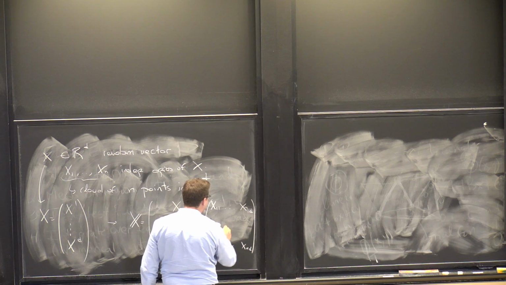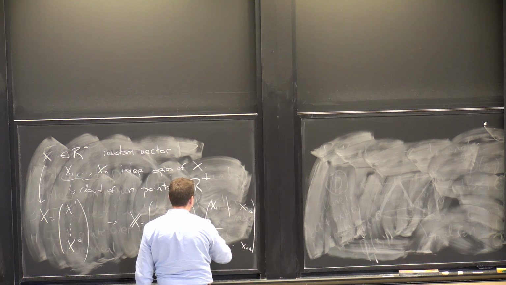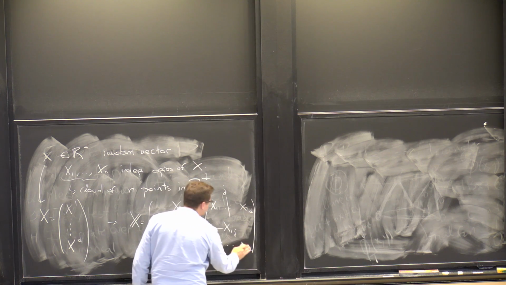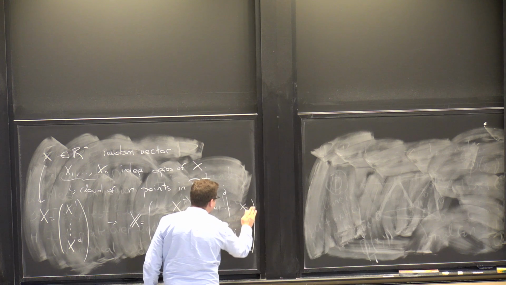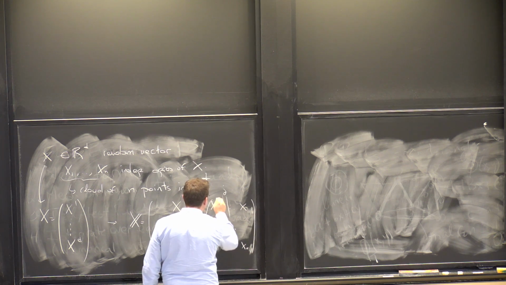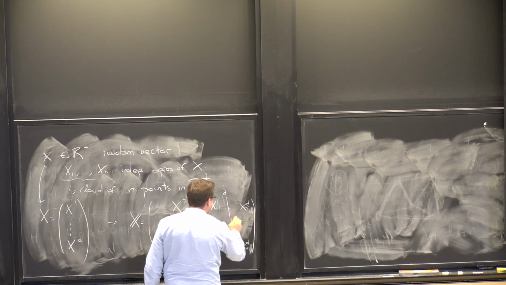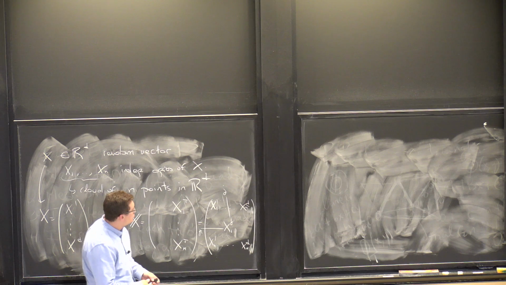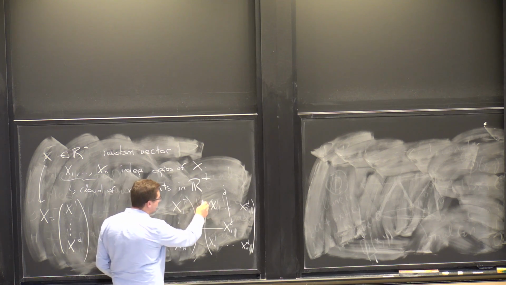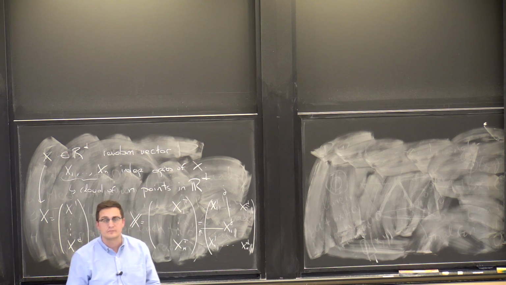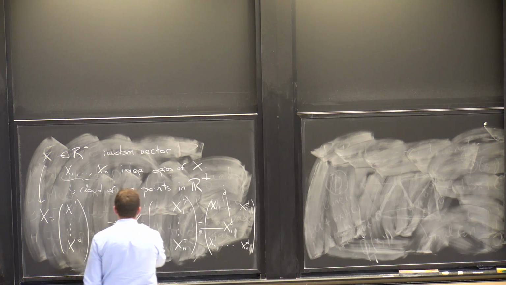And so the entry in row i and column j of the matrix is X_i^j. So the rows here are the observations, and the columns are the covariates or attributes. This is an n by d matrix.